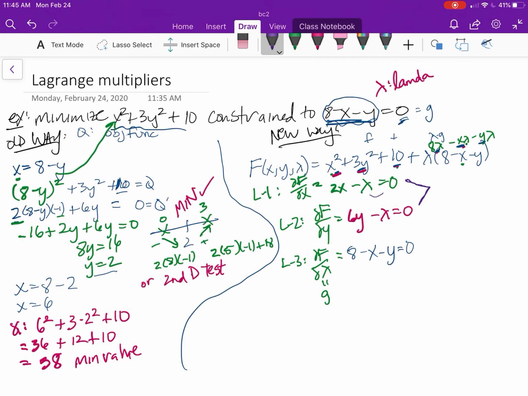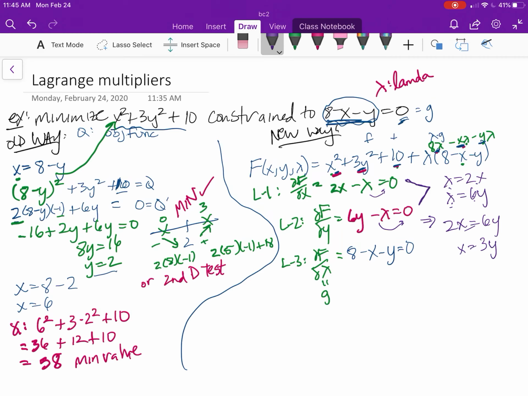For instance, if I add lambda to the other side, I would get lambda equals 2x, and I'd add lambda to the other side, I get lambda equals 6y. And if lambda is 2x and lambda is 6y, then that means 2x equals 6y, right? Because they're both lambda, so I know they equal. Solve for either variable. I prefer x in this case just so I don't get a fraction, so x equals 3y.